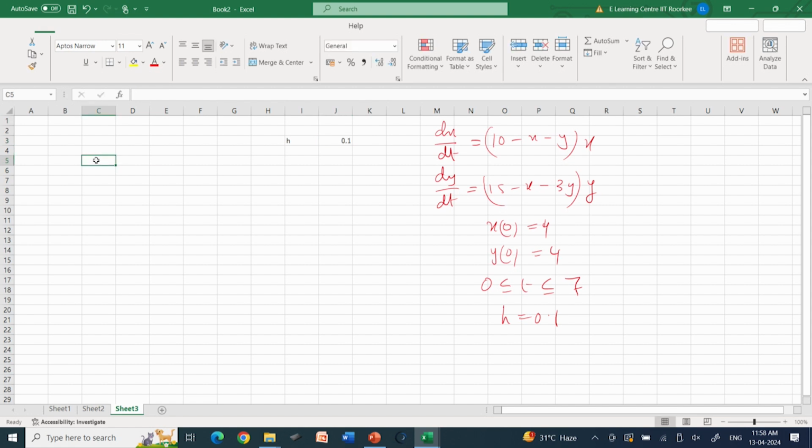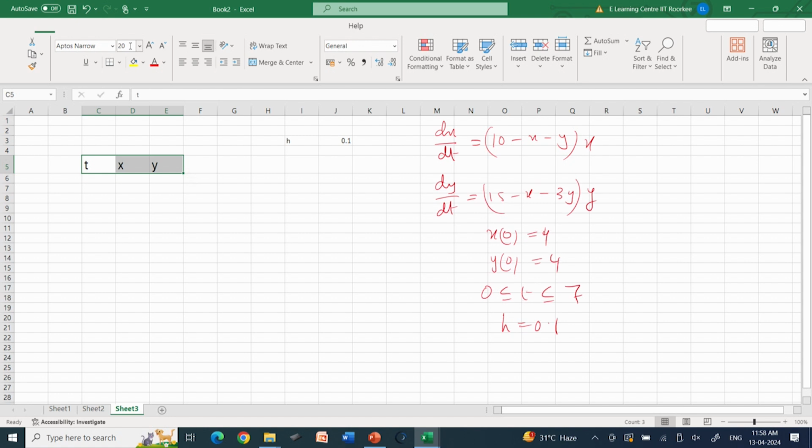This is t, this is x, this is y. Make them a bit large, center them. So, this value is 0, this value is 4 and this value is 4.